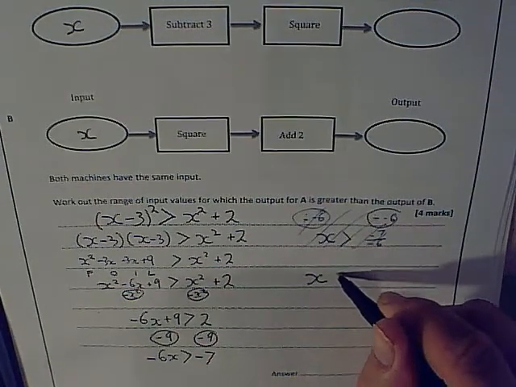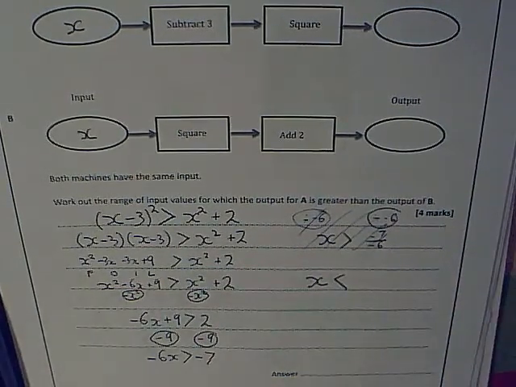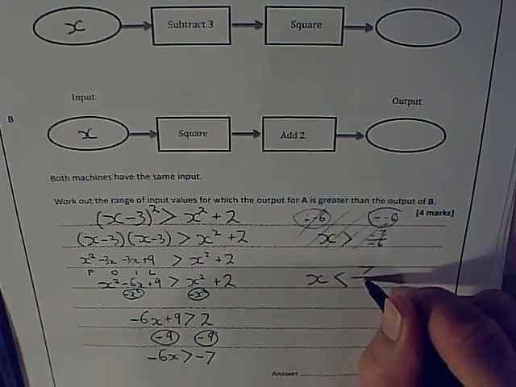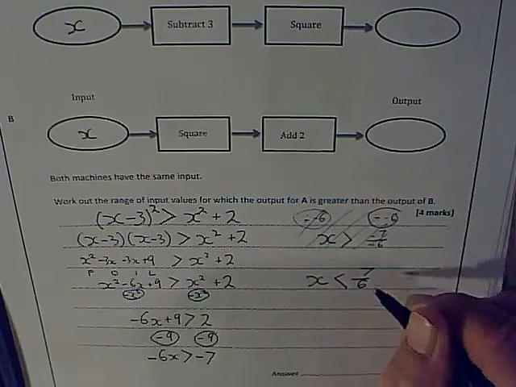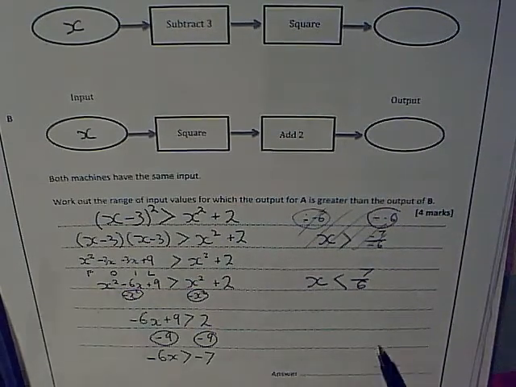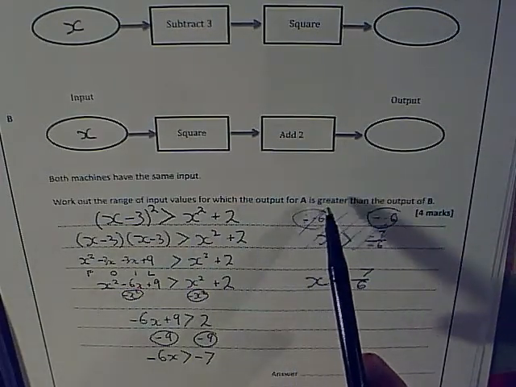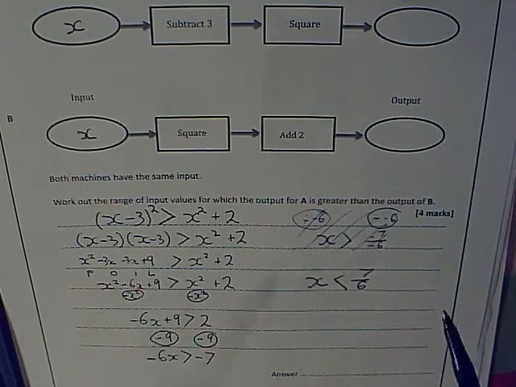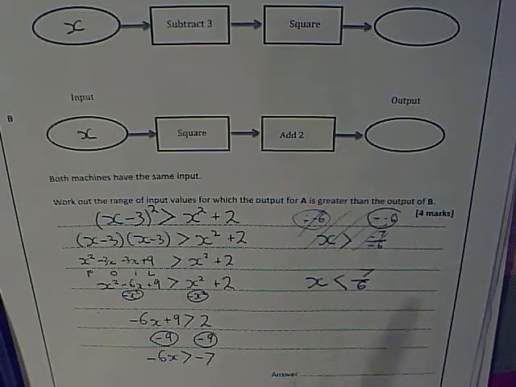So x is less than 7 over 6. And that's my answer. The range of values for which the output of A is greater than the output of B is anything less than 7 over 6.